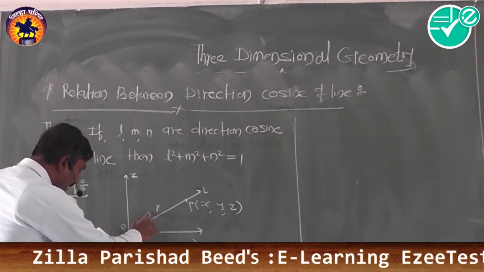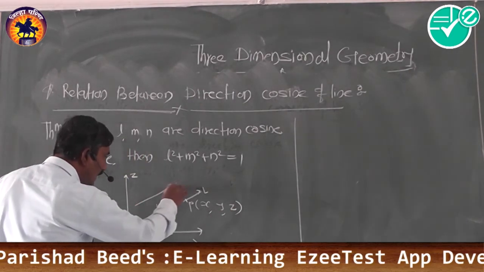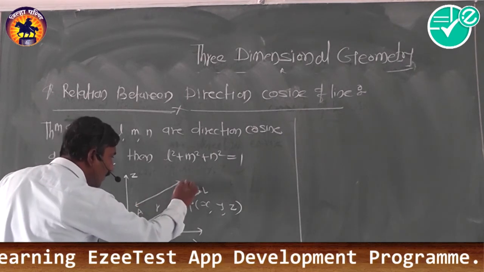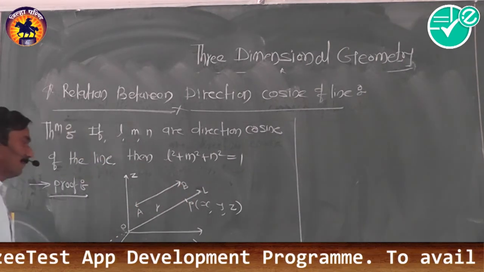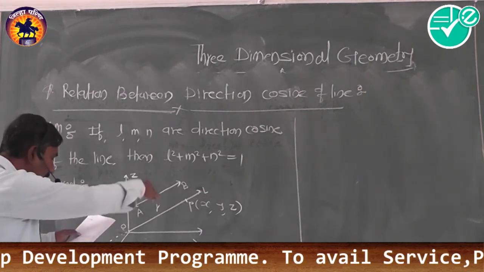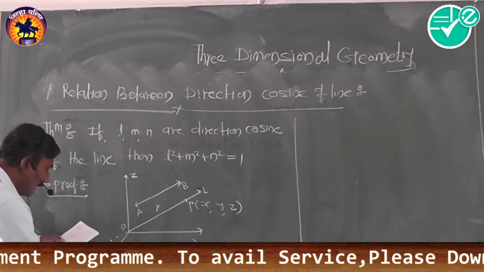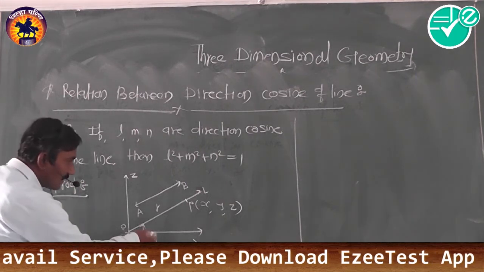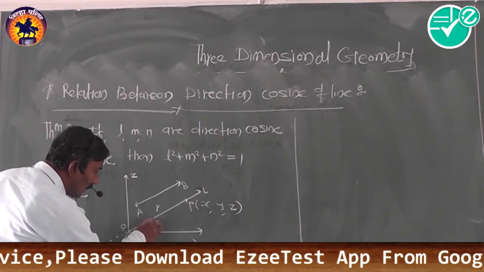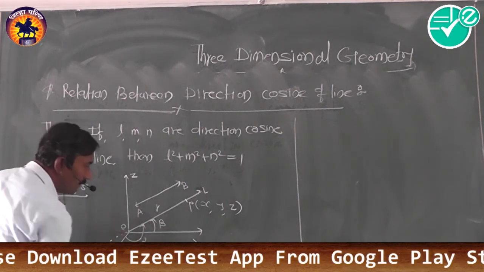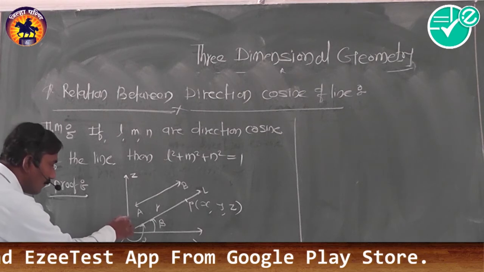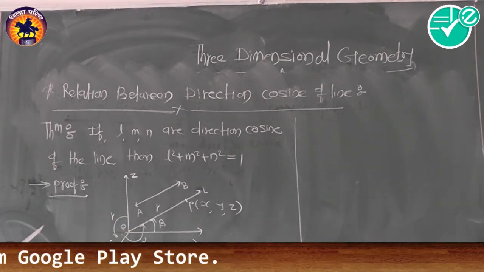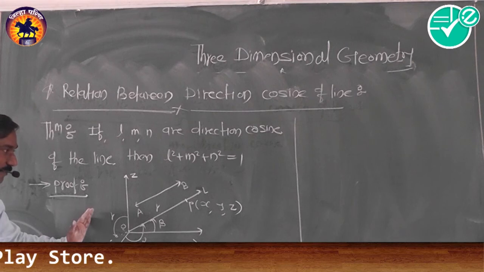That OP distance is r, and we take the line AB which is parallel to that line. That line L makes an angle alpha with the x-axis, that line OP makes an angle beta with the y-axis, and that line makes an angle gamma with the z-axis. So this is our required figure.